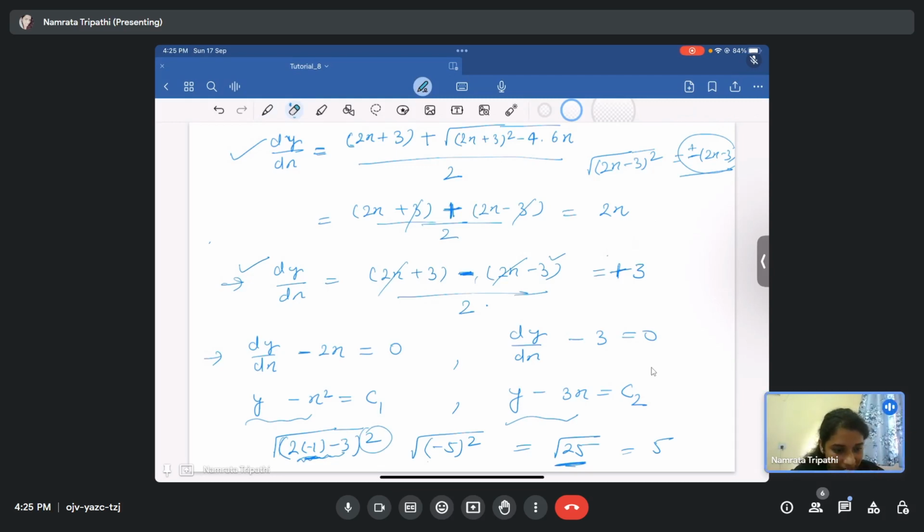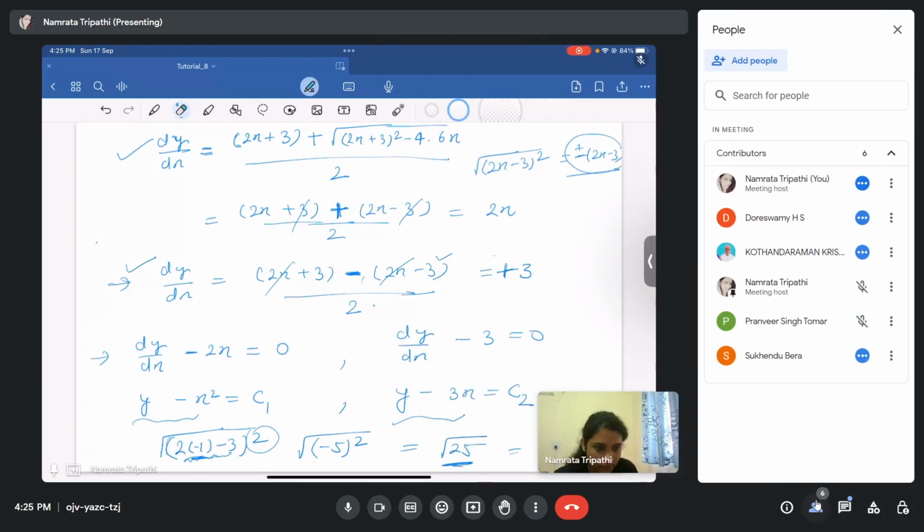Can anyone explain to him? Madam, first you must take the square, then you will go for the square root. For negative or positive, the square will always be positive. Ma'am, I want to say that under root x square equals mod x.